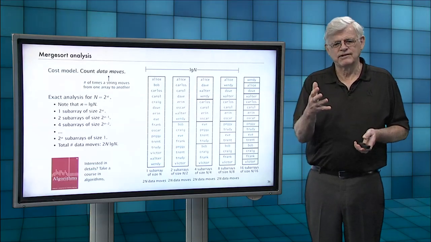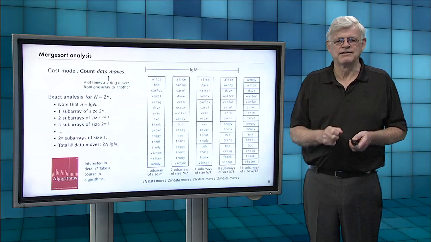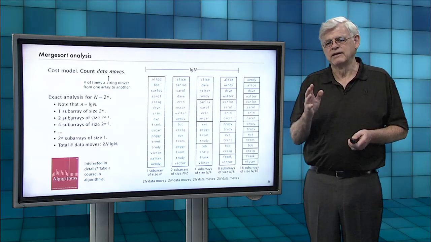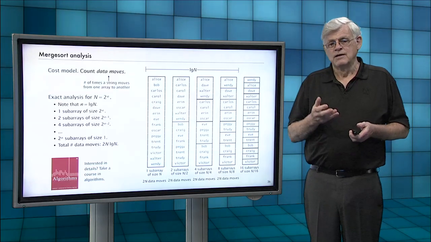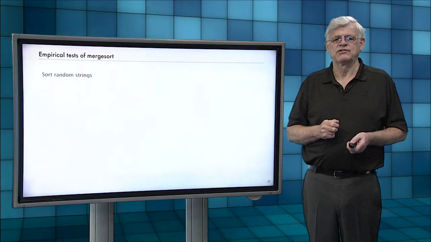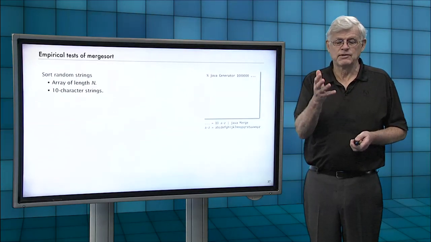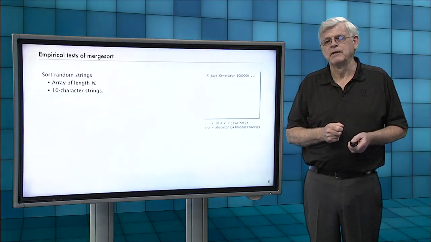And again, this basic argument works even when N is not a power of 2, and you can learn more detail about that in a course on algorithms. That's our mathematical model, and again, we want to do empirical tests to check the mathematical model, using the same model that we used for insertion sort.